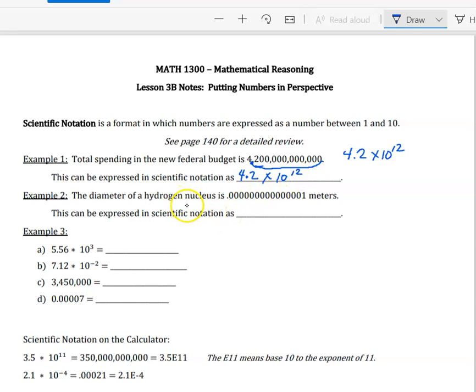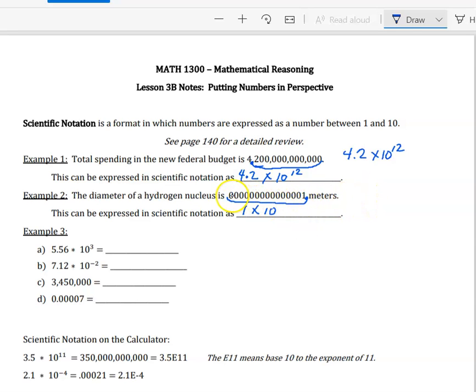So the diameter of a hydrogen nucleus is, I have no idea, I'm not even going to attempt to read that number, but we know that to make it in scientific notation, the number in front has to be between 1 and 10. So I'm going to move that decimal all the way to the end.